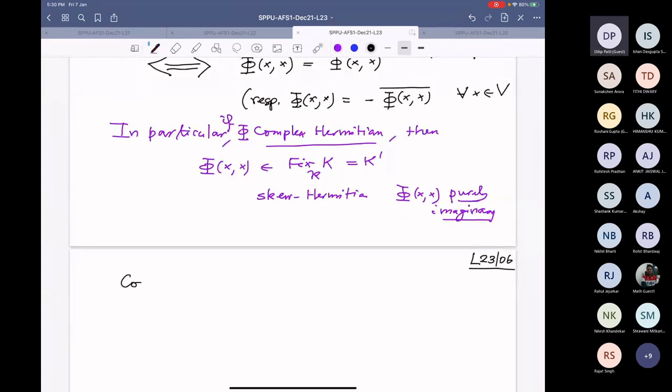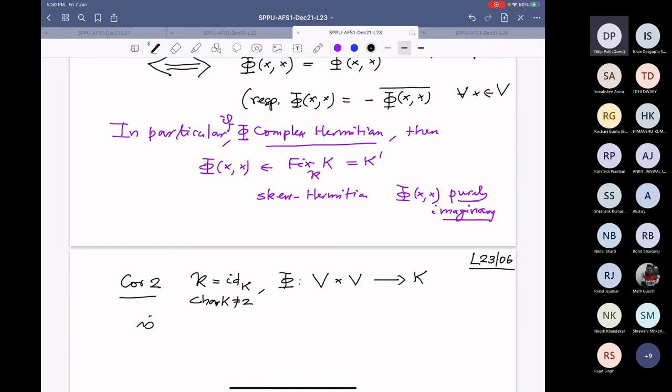So corollary 2, this is the case when kappa is equal to identity and the form is a sesquilinear form on V. Now we have to assume characteristic k is not 2.